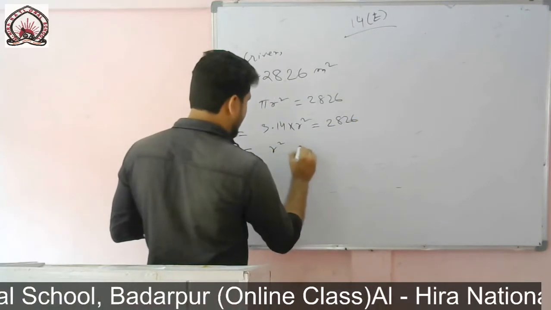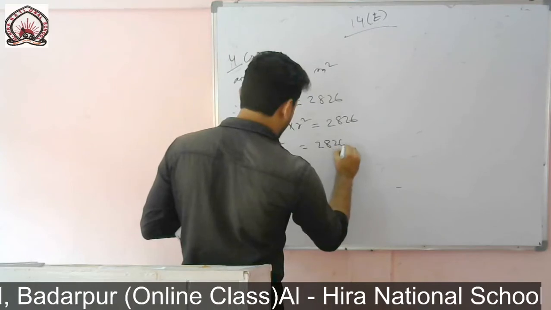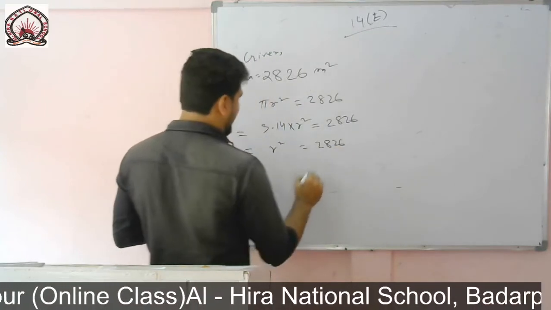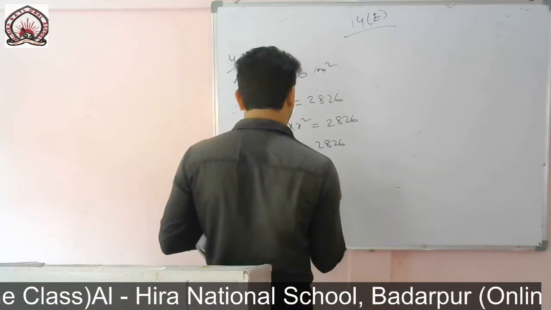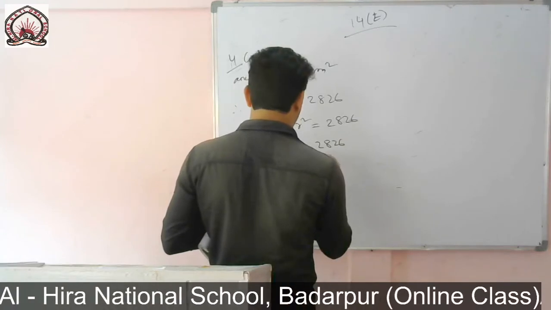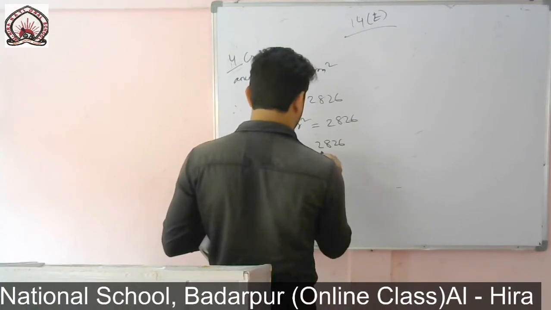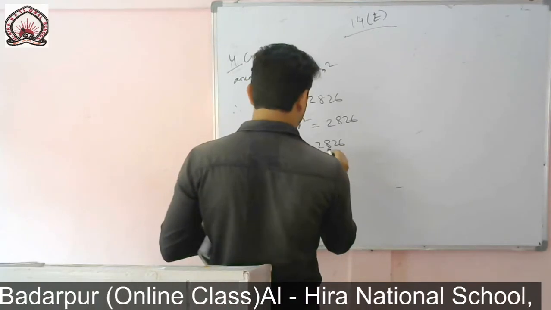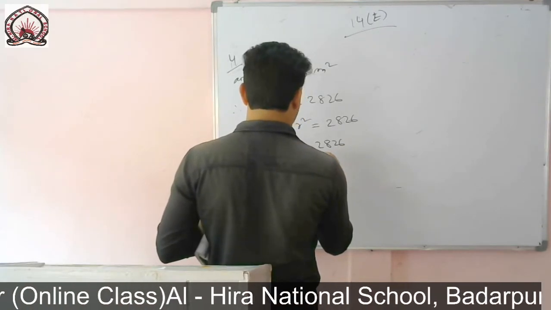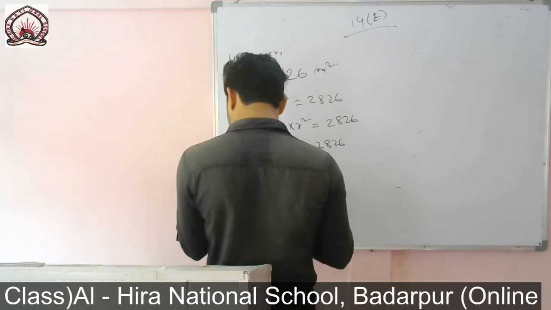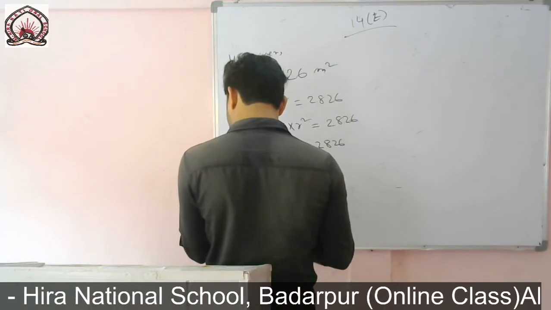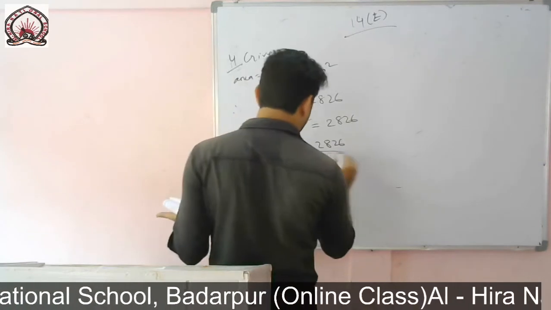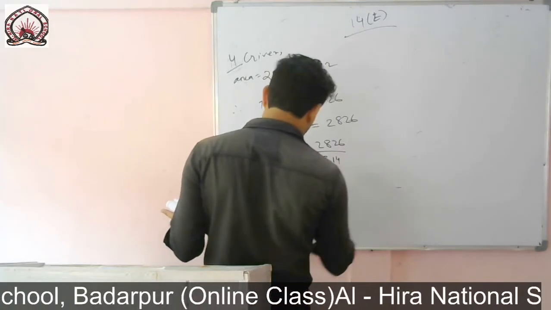So r square will be 2826 divided by 3.14.